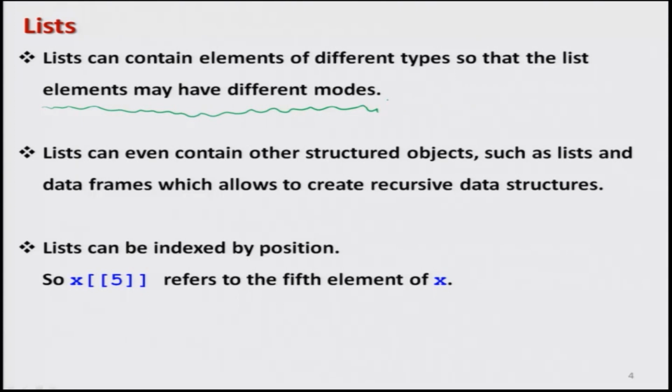The advantage of having a list is that once we have a list, we can use the elements inside the list to create other structures of data sets. And a list can also contain some structured objects, that itself can be, for example, a list, matrix, data frames and so on, and using this bigger list we can create different types of data structure.